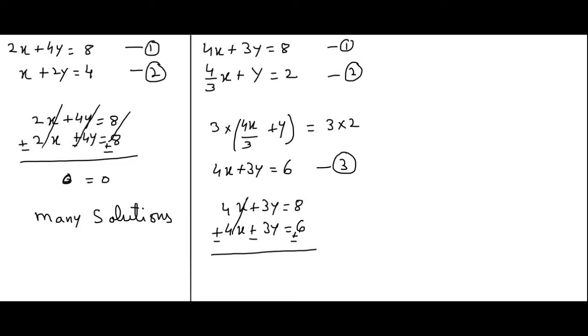and we see that 4x and 3y are cancelled, so we get the answer here 0 is equal to, when we subtract 8 from 6, we get 2.